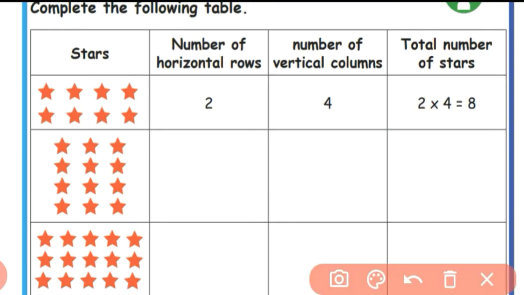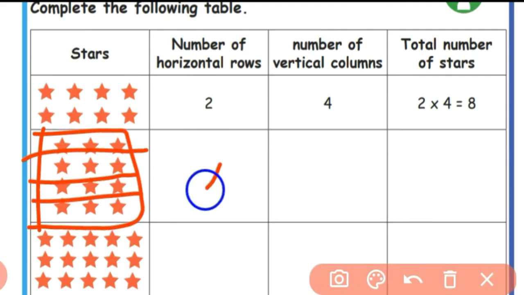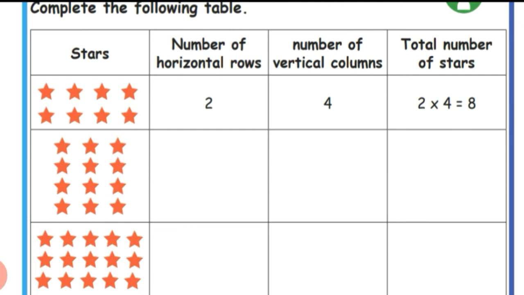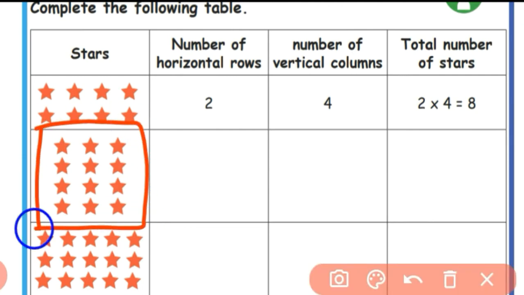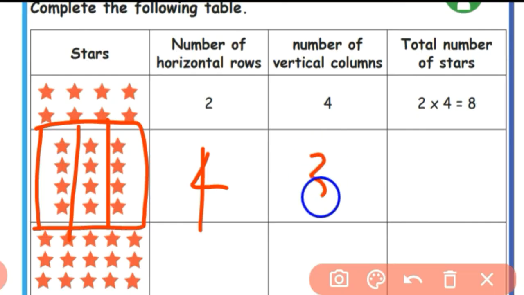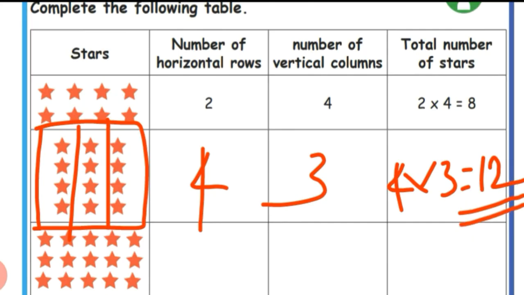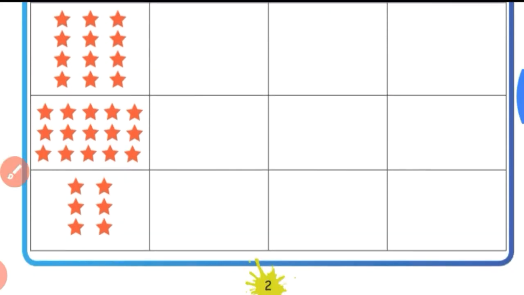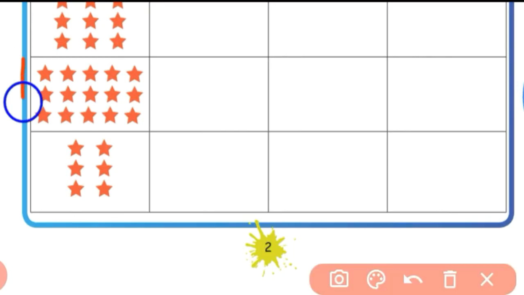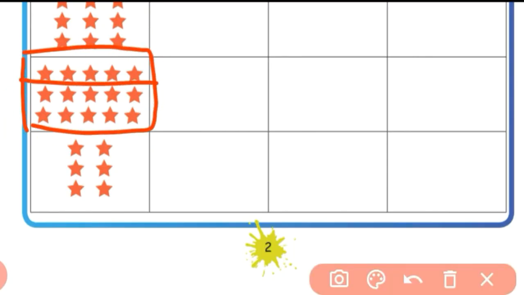See next one, number of horizontal rows: 1, 2, 3, 4. And number of vertical columns: 1, 2, 3. So, 4 into 3. 4 into 3 is equal to 12. Total number of stars is 12. Next one, number of horizontal rows: 1, 2, 3.